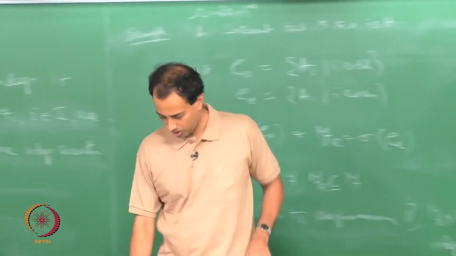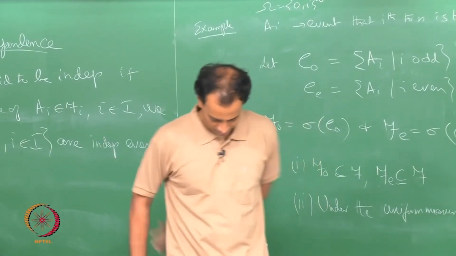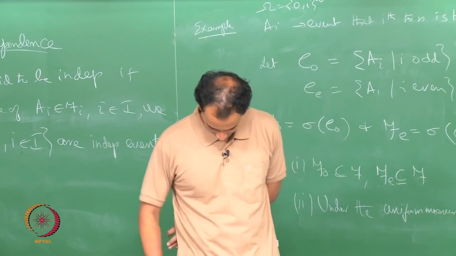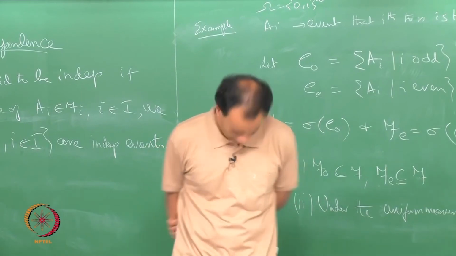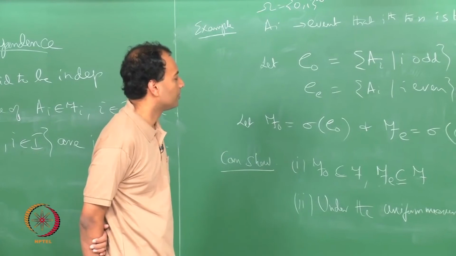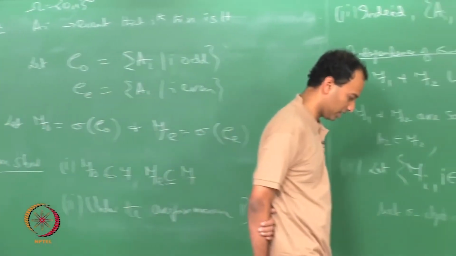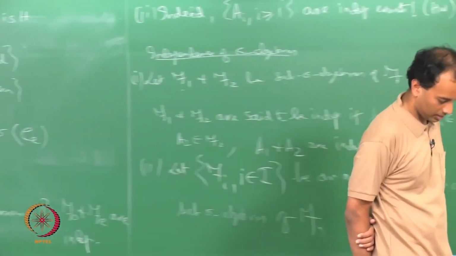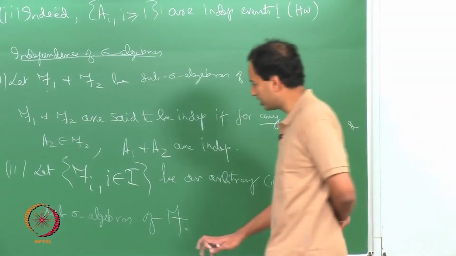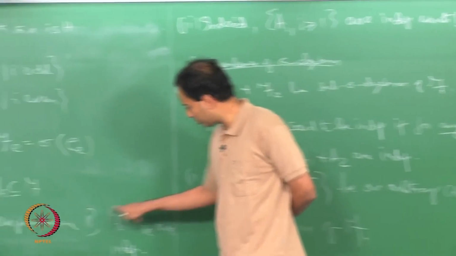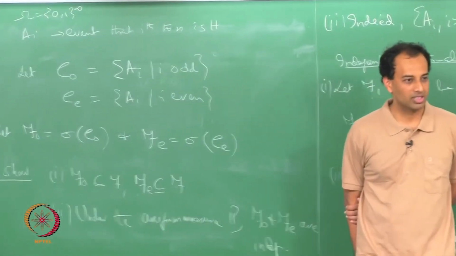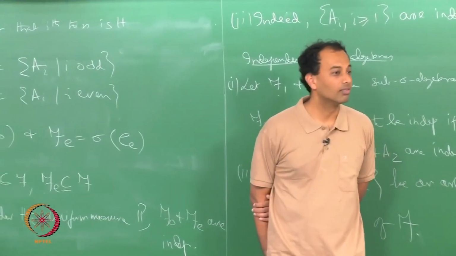I will just mention one fact. I will say more on another occasion. I will just state at this point that if you want to verify the independence of two sigma algebras, sigma algebras are fairly complicated, right?